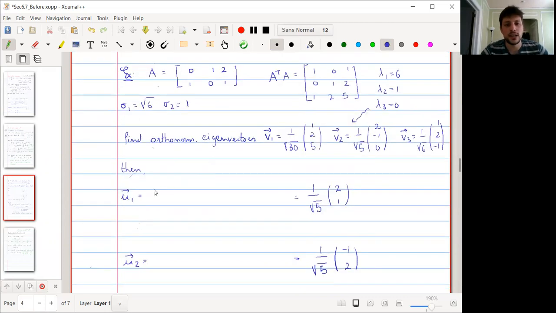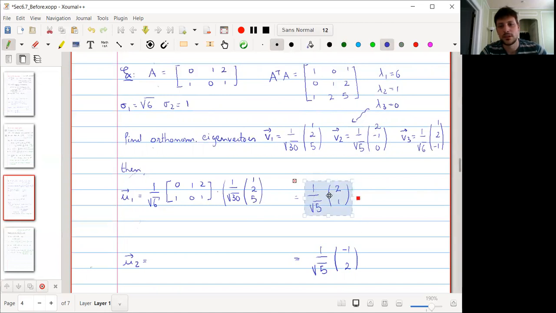So u1 is 1 over sigma 1, which is square root of 6, times A v1, or maybe I'll write everything out. So A is 0, 1, 2, 1, 0, 1, and I multiply this by 1 over root 30 times v1, which is 1, 2, and 5.